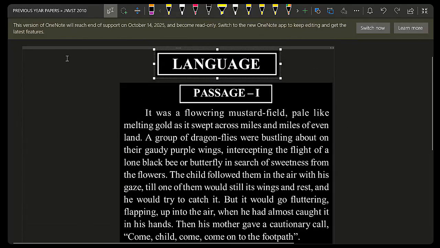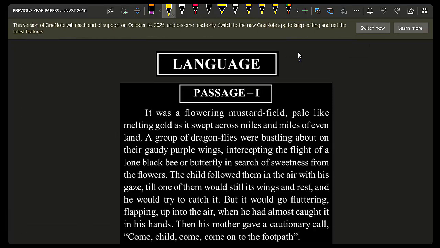First, we'll understand the passage, then we'll go to the questions. It was a flowering mustard field, pale like melting gold, as it swept across miles and miles of even land. So, flowering mustard field means it is a flowering stage. Pale like melting gold, they are mentioning the color. So it is a very big area of mustard field.